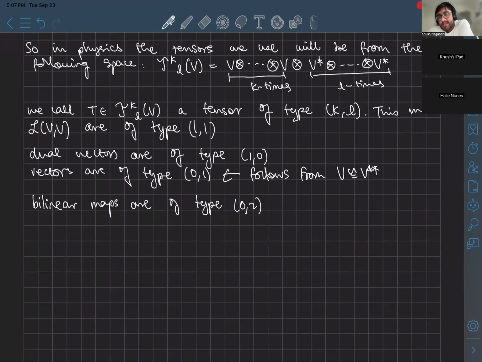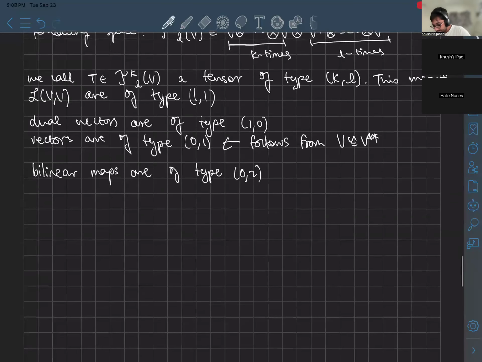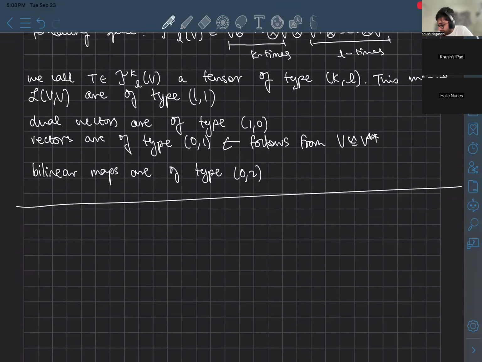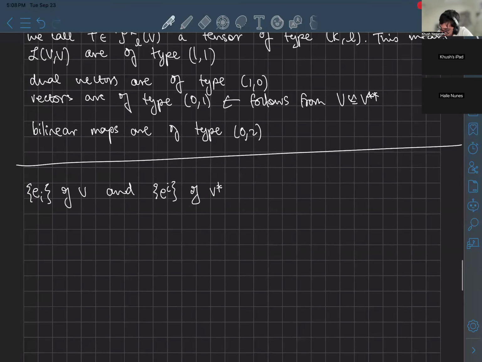Now let's work in coordinates a little, and let me show you that the transformation rules we see for tensors follow immediately from this general notion of a tensor product. We have basis e_i of V and e^i of V star, the corresponding dual basis. Now say we have another basis.